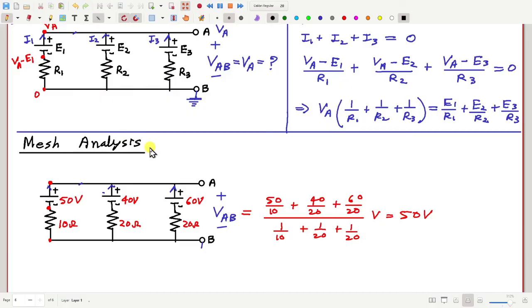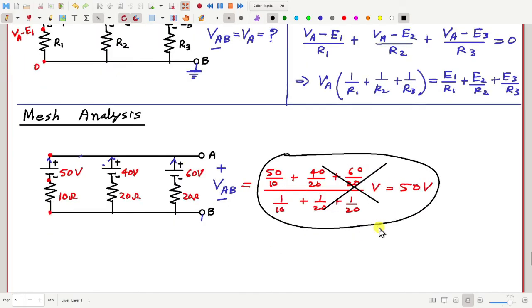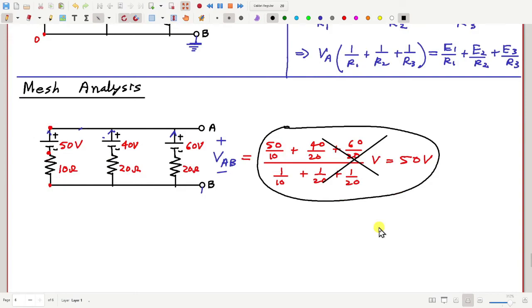Let us forget this solution and assume that we don't know it, and we will solve this using a new method. In this case, you see that this circuit has two loops. This is one closed circuit, and this is another closed path.